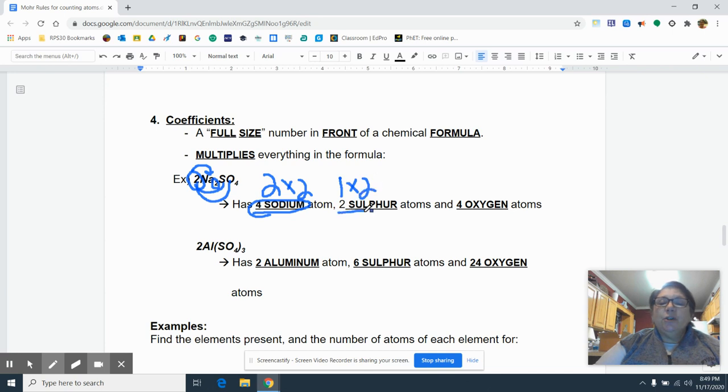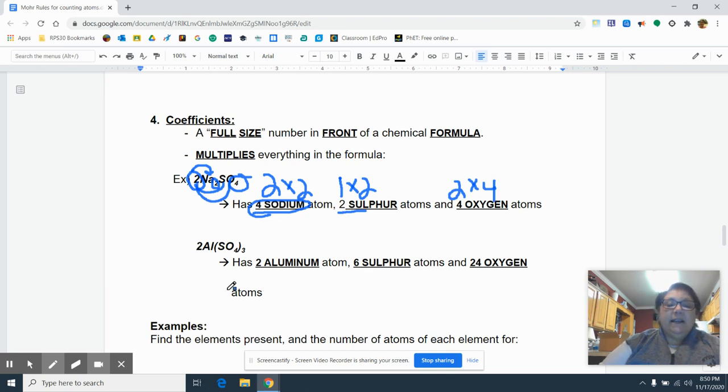So there's only going to be 2 sulfur. You have a subscript of 4 oxygen. And you've got 2. That should be 8. So it should be 8 oxygen because you've got the coefficient 2 times the 4. So you should have 8 oxygen.